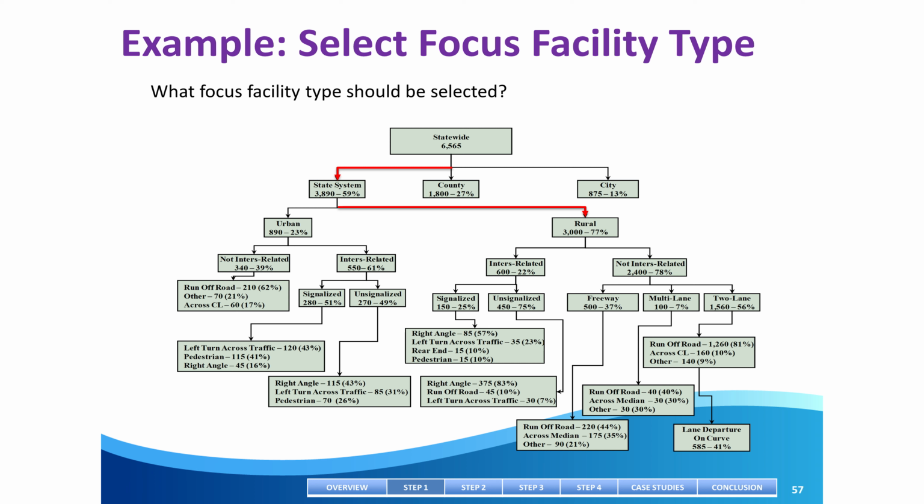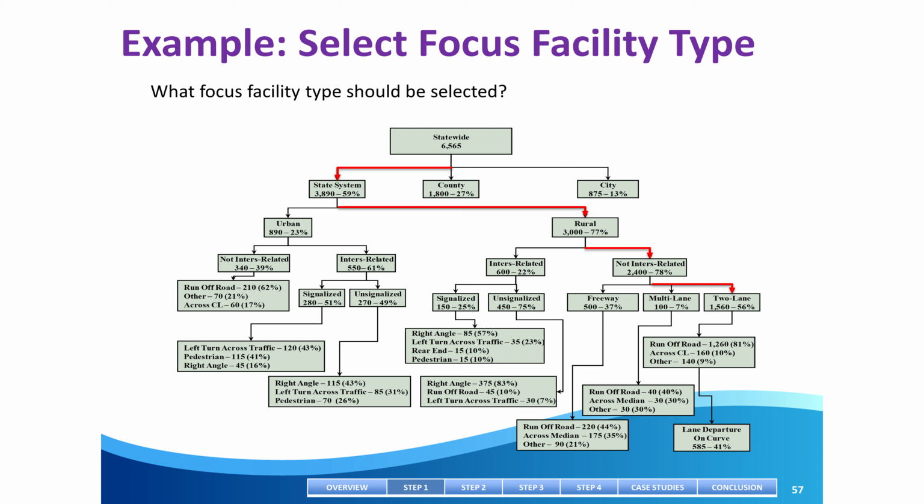Are those intersection or non-intersection related? That may be a little bit of a silly branch here, but at the same time, we can include it to see what happens. But 78%, as we would expect, are non-intersection related. But if you did identify that a large proportion of your runoff road crashes are intersection related, that may get you thinking, and what else is going on there that we might need to address.